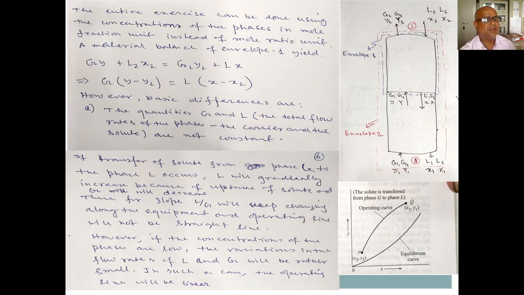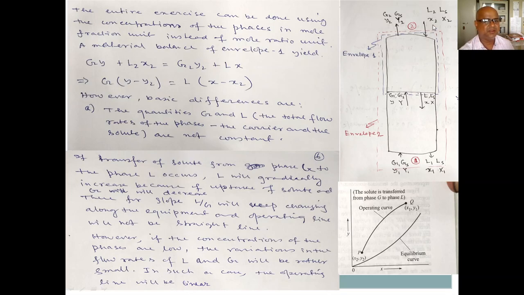Now let's come to our justification: why we have taken Gs Ls. Gs Ls means capital Y, capital X, that is mole ratio, and G L means in terms of mole fraction, y and x.